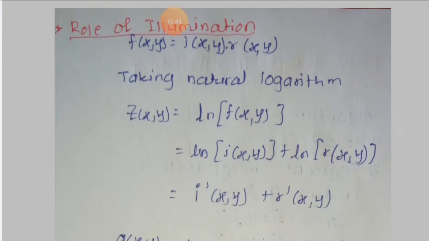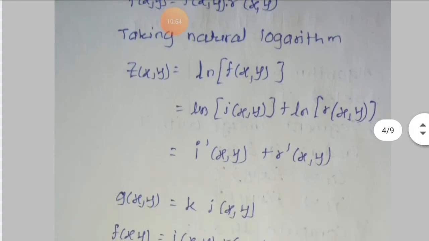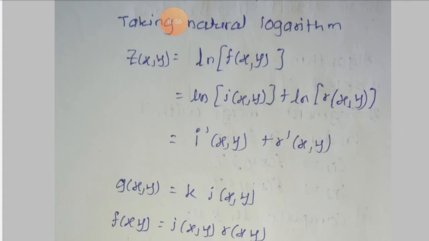It is equal to log of i(x,y) plus log of r(x,y). Log of i(x,y) is represented as i'(x,y) and log of r(x,y) is represented as r'(x,y). So z(x,y) is the addition of i'(x,y) plus r'(x,y).